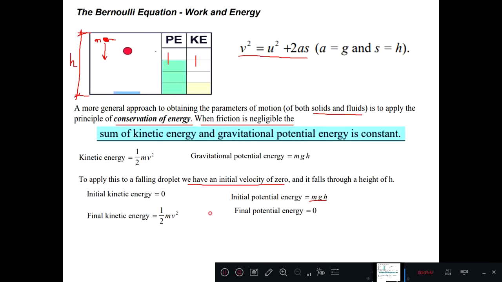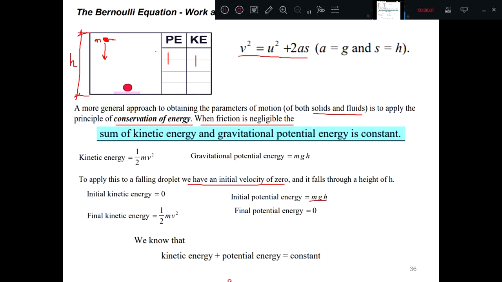As we know, kinetic energy plus potential energy is equal to a constant, based on the law of conservation of energy. The law of conservation of energy says that the sum of kinetic energy and gravitational potential energy is constant.